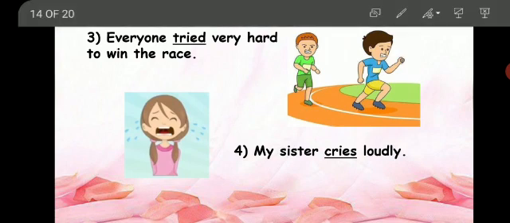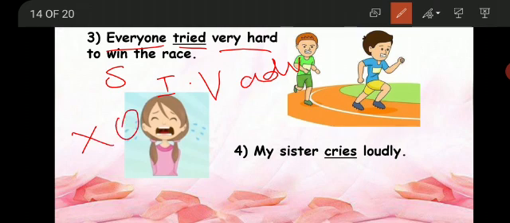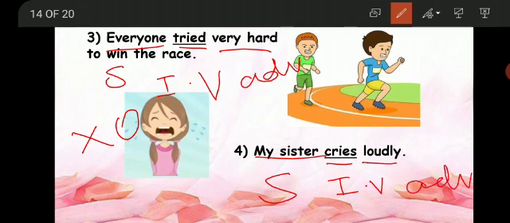Here everyone is the subject, tried is an intransitive verb, very hard is an adverb because there is no object. My sister cries loudly. Similarly, cries is an intransitive verb, my sister is the subject, loudly is an adverb, and again there is no object. So it is an intransitive verb.